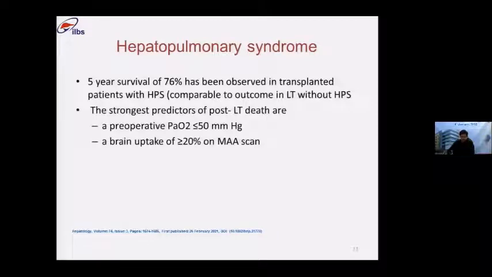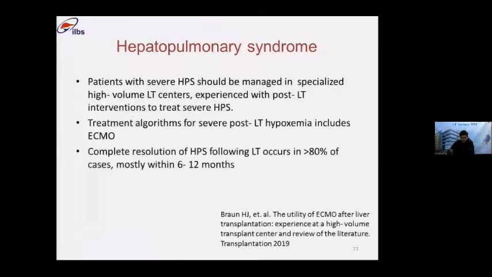A 5-year survival of 76% has been observed in transplanted patients with HPS, which is comparable to outcome in LT without HPS. The strongest predictors of post-LT death in HPS patients are a preoperative PaO2 of less than 50, that is very severe HPS, and brain uptake of more than 20% of tracer on macro-aggregated albumin scan.